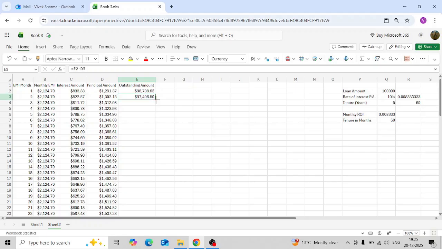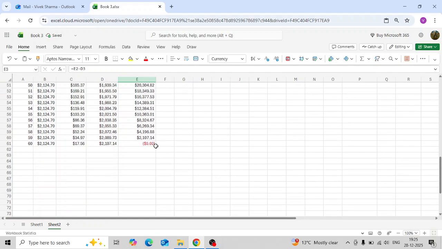Once we make the last payment, the EMI on the 60th month, our total outstanding amount should be 0, because we mentioned 0 as the future value.